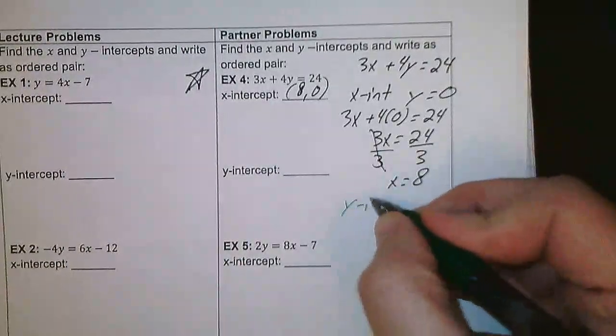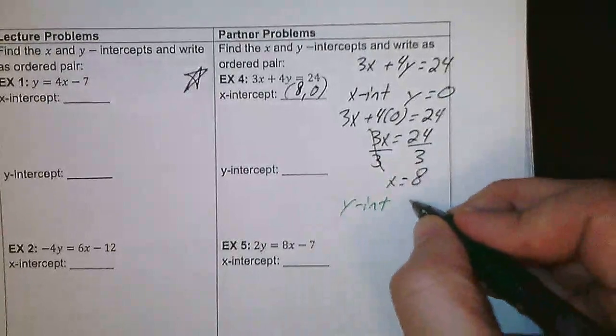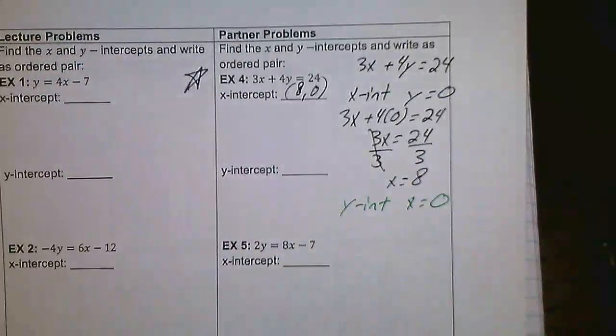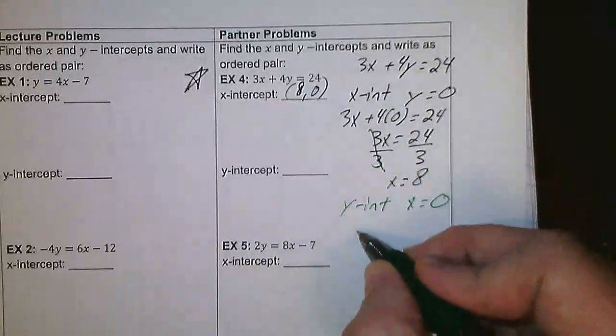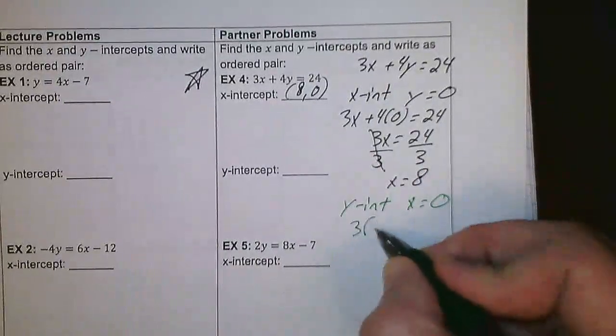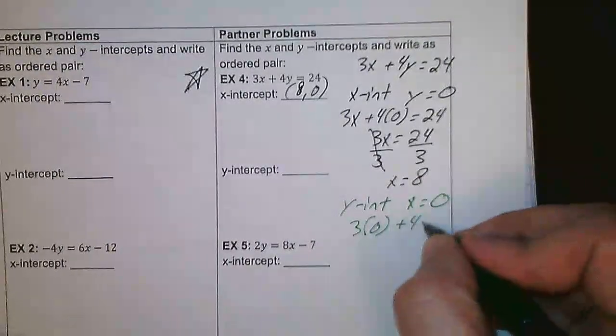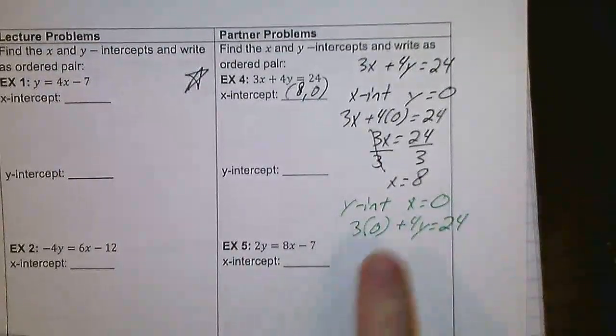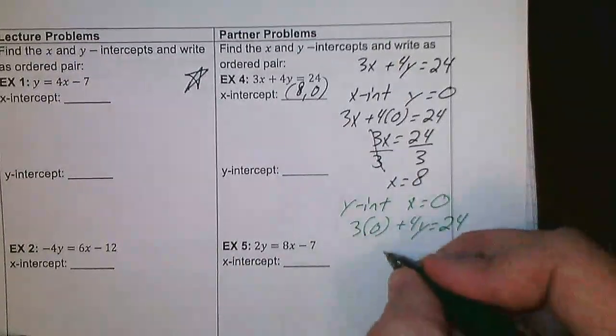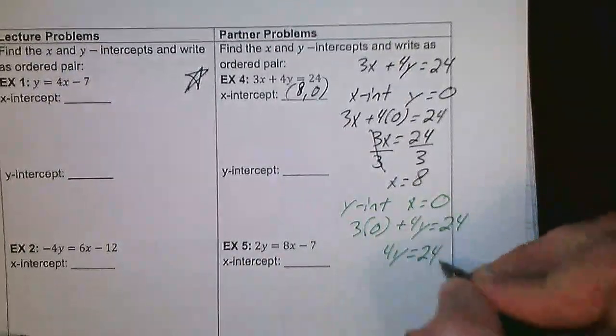I'll do the same thing for the y-intercept. When I'm on the y-axis, my x value is 0. So I take my equation, I replace x with 0. And if you want to skip this first step and go straight to 4y equals 24, that's fine.